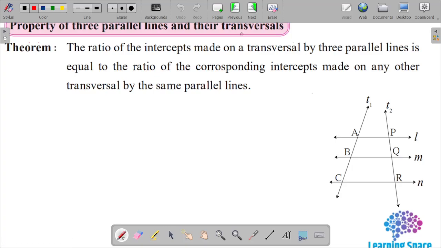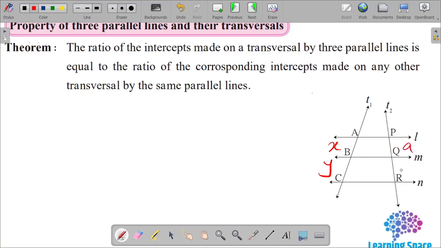Next, the property of three parallel lines and their transversals. So these are few intercepts made by the transversals, and these are three parallel lines. Suppose the measurement of this intercept is x, and this intercept has the measurement of y.